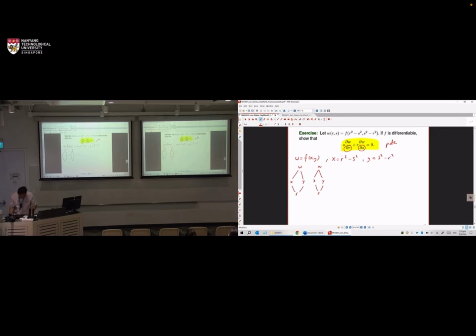So from the first diagram, del W del R gives me del W del X times del X del R plus del W del Y times del Y del R. Whatever I can simplify, I simplify.